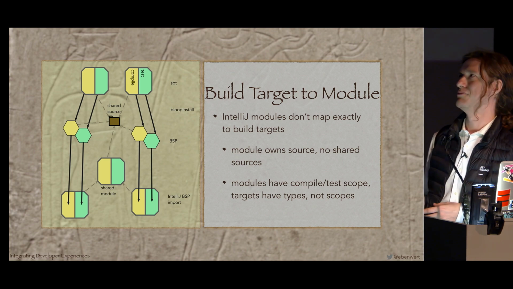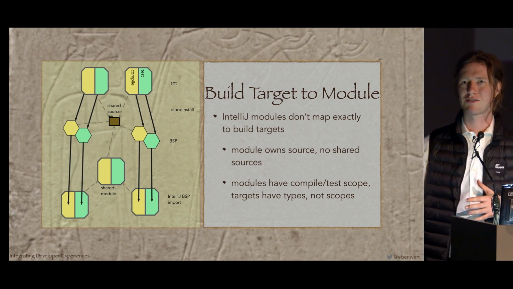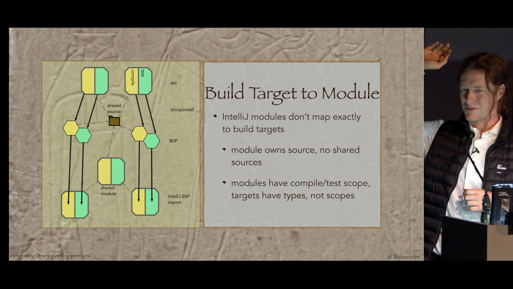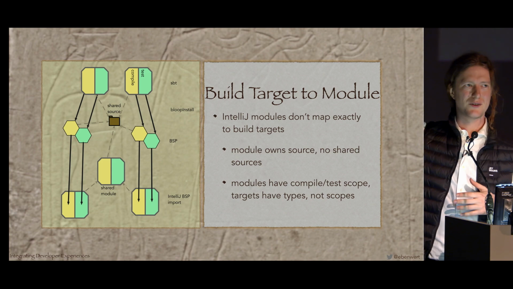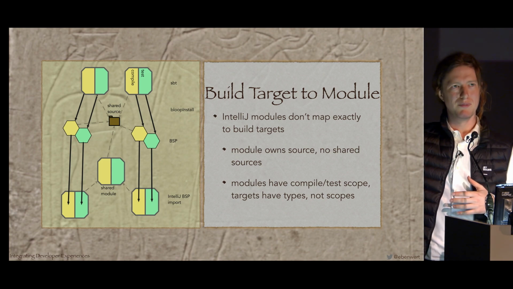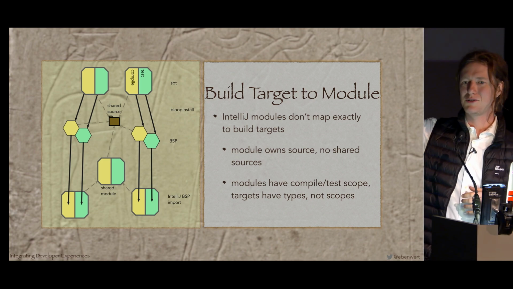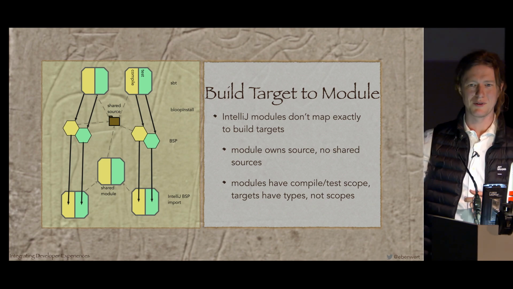One issue we have in BSP, we simplified this a little. We just have targets without scopes. So mapping to BSP, when you do, for instance, a Bloop export from SBT to Bloop, it will map a test scope to one target and the compile scope to another target and put dependencies between these.